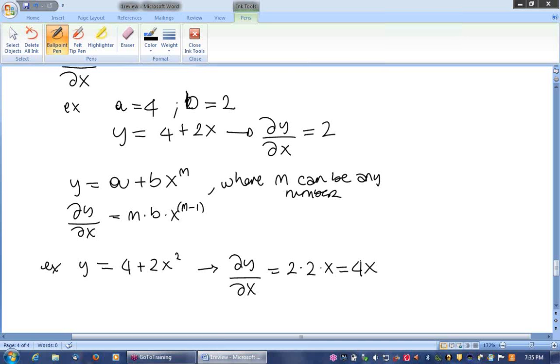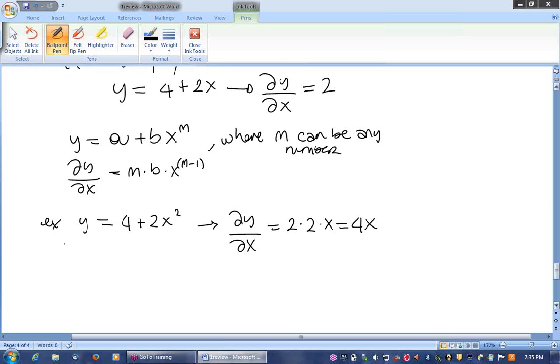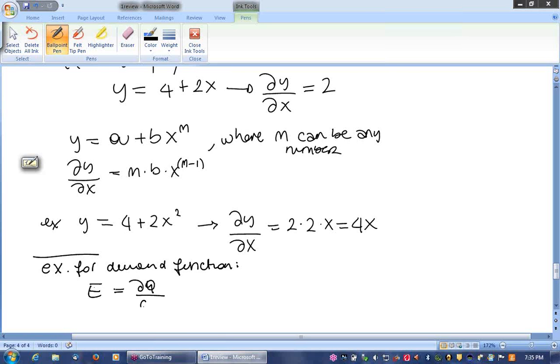So for example, for the demand function, do you remember that to compute elasticity, we need to know the derivative of Q with respect to price times the price divided by Q, right? So this derivative is the first part of the formula.